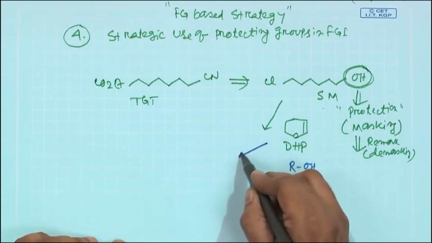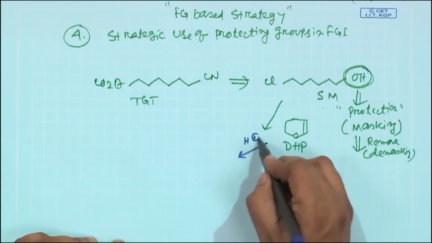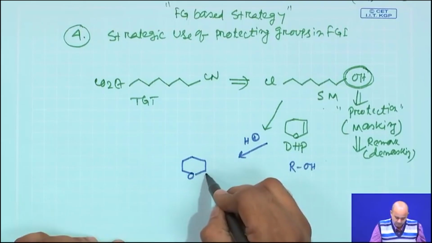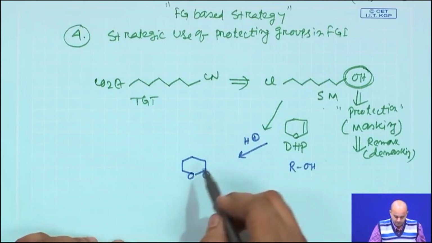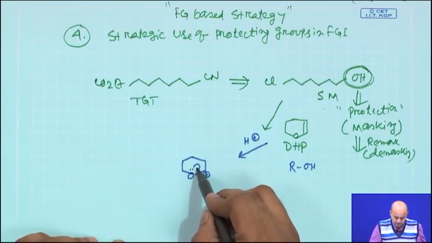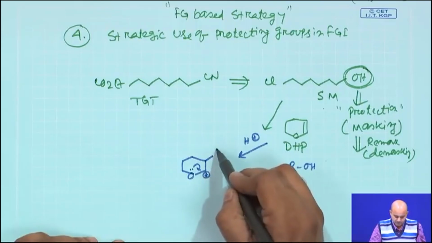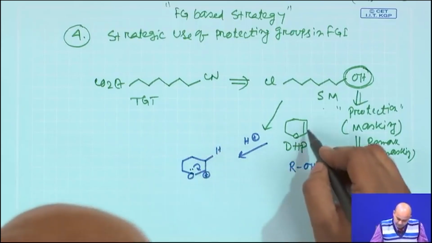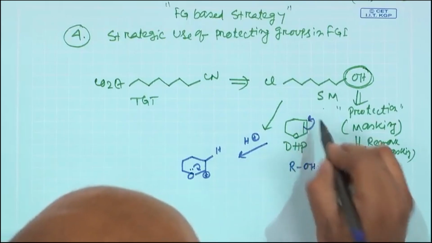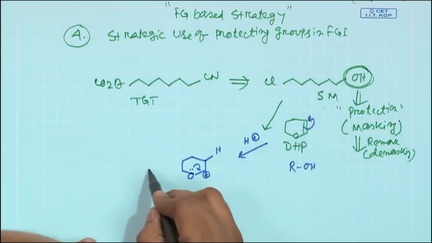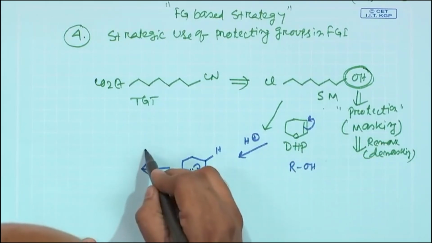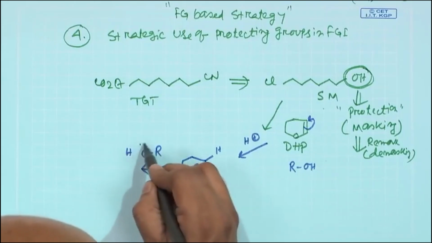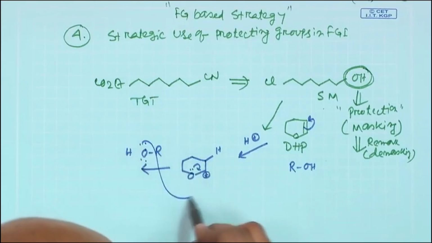DHP in presence of acid gives a positive charge here, because this positive charge is stabilized by this oxygen and hydrogen is adding here. Now, this positive charge is quenched by the oxygen lone pair of this alcohol.